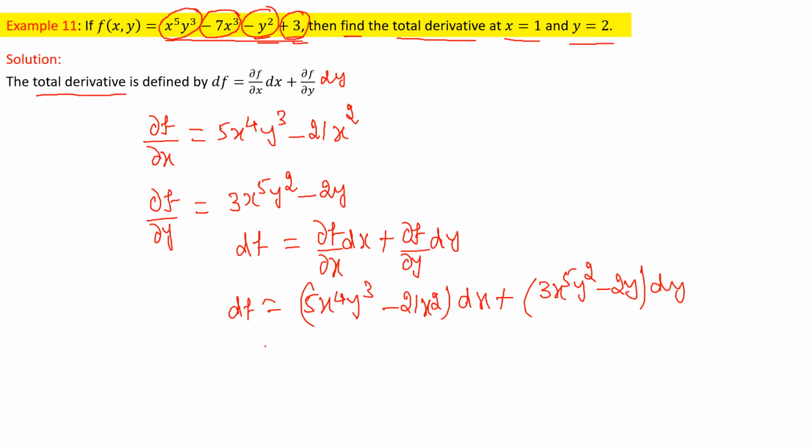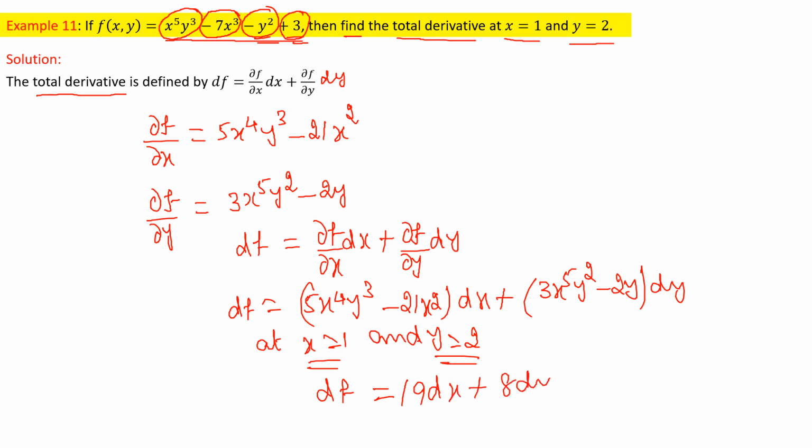So here I have to substitute x equal to 1 and y equal to 2. Wherever you have x, replace it by 1. Wherever you have y, replace it by 2. So the final answer is df equal to 19 times dx plus 8 multiplied by dy.